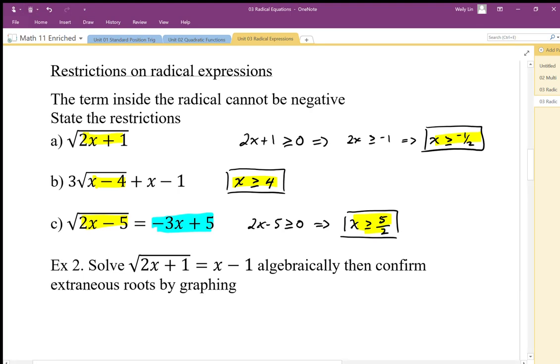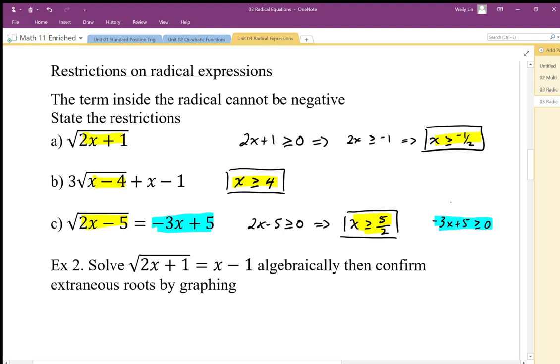Okay, so I'm going to say that negative 3x plus 5 must also be greater than or equal to 0. We cannot have values of x that would make this smaller than 0, because then that means that we're going to square root and get a negative. Not possible.